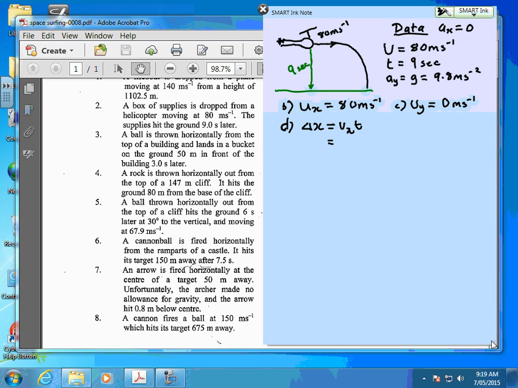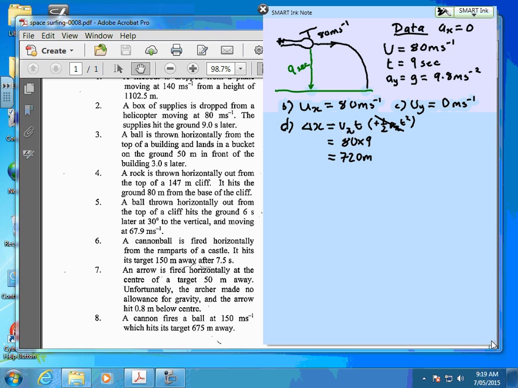And so when I do this, it's uxt plus a half axt squared, but because ax is 0, that bit doesn't bother us. So I'm going to end up with 80 times 9, which is going to be 720 metres. So that's easy enough.